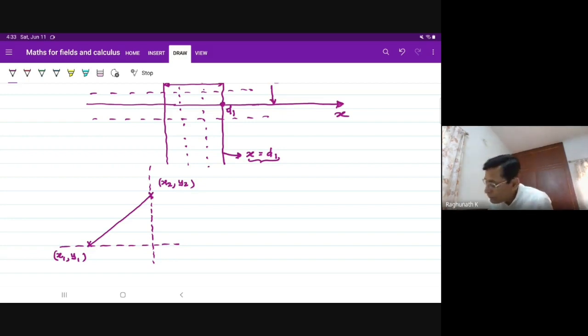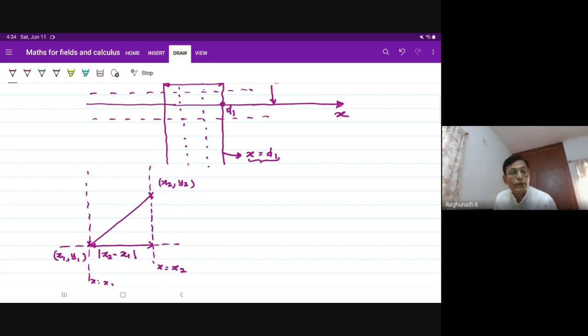Listen carefully. This is x is equal to x1 line. X is equal to x1. X is equal to x2. I want you to concentrate now. This side is x2 minus x1 modulus. Correct?